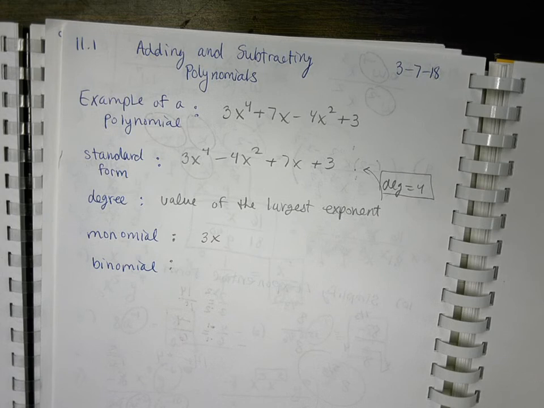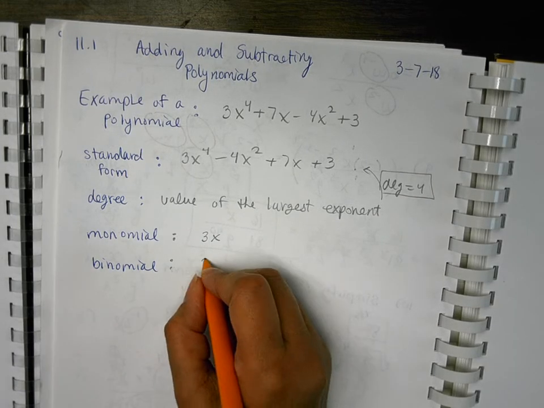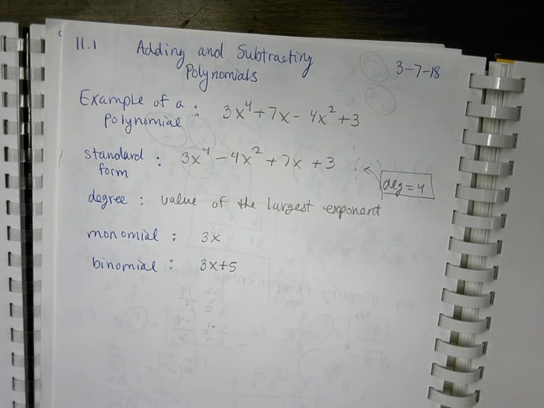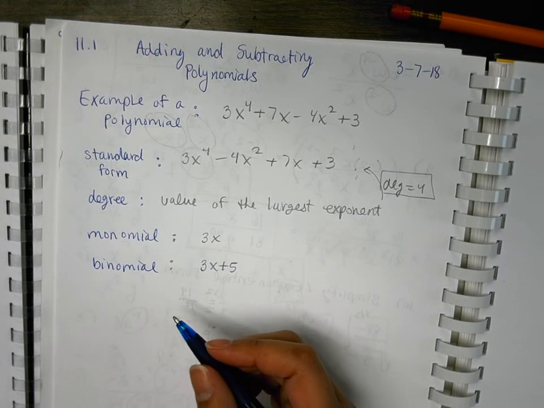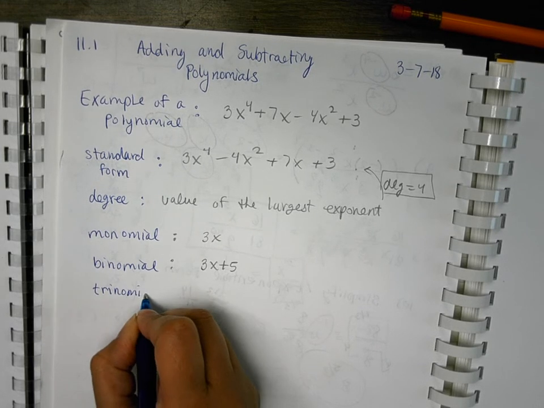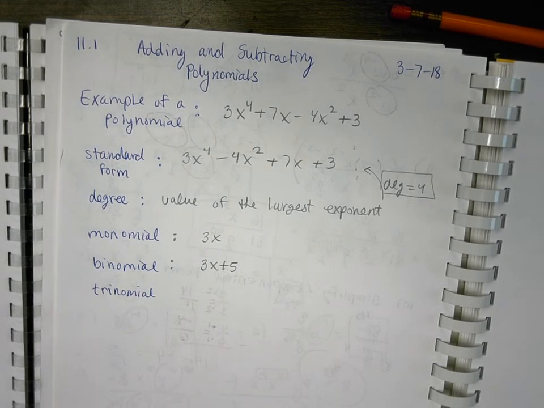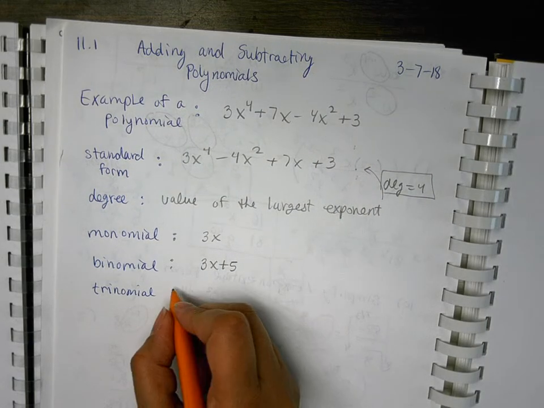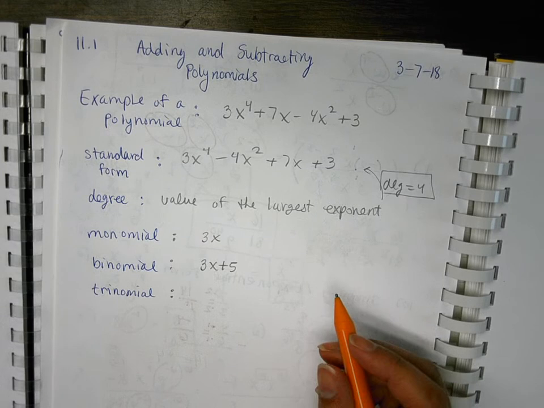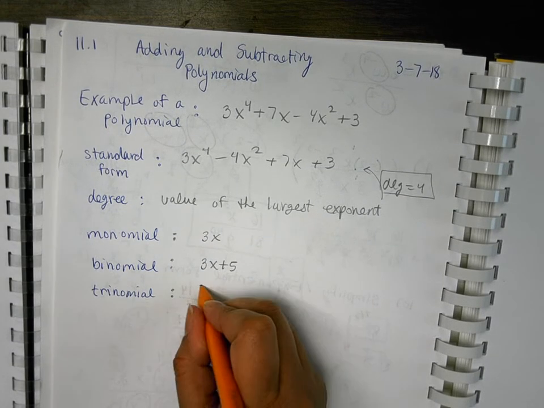Why is it an example of a monomial? Because there's only one term. A binomial would be something like this, 3x plus 5. That is a binomial because it has how many terms? 2. Anyone know what the next one is called with 3? Trinomial. And a trinomial has how many terms? 3.